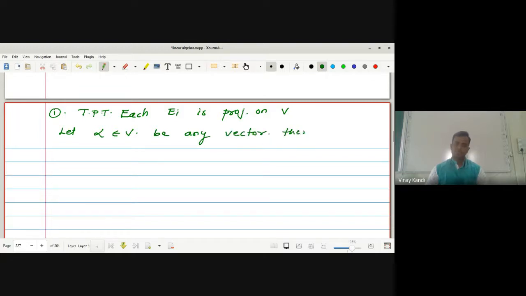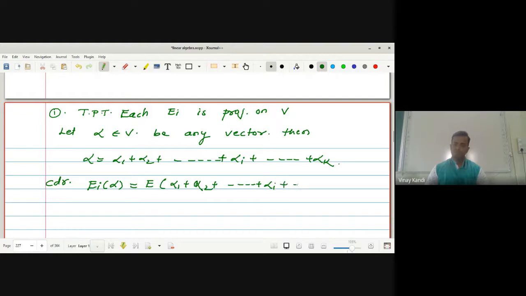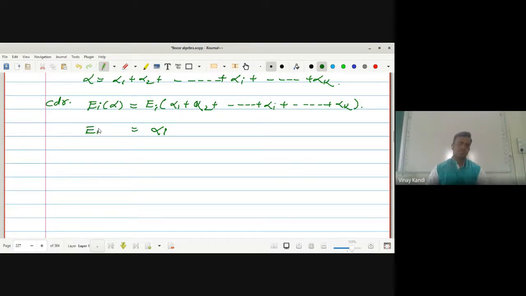Then this alpha we can write as alpha_1 plus alpha_2 plus up to alpha_i plus up to alpha_k. Now consider E_i of alpha, which is equal to alpha_i by the definition of E_i. So E_i of alpha we can write as 0 into alpha_1, 0 into alpha_2, plus 1 into alpha_i, plus 0 into alpha_k. Is it correct? Yes, sir.